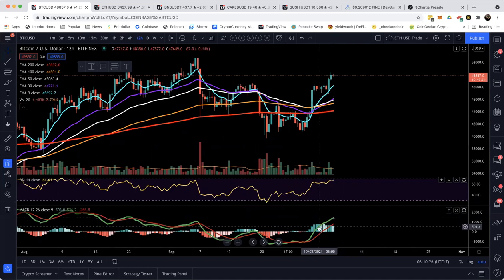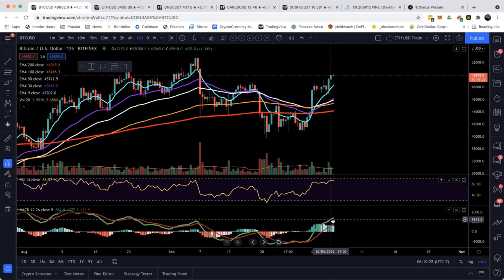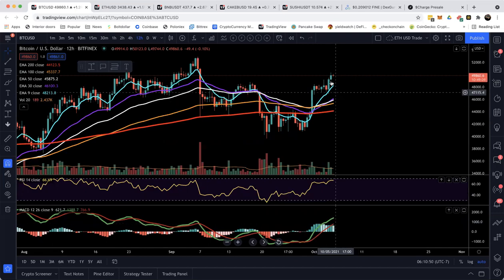When these two start to separate, the MACD will usually come back down and allow the cross indicator to catch up. So as we separate here, I get a little bit more concerned that we're going to come back down and catch up to this cross indicator, which means that the price action is going to come down as well.